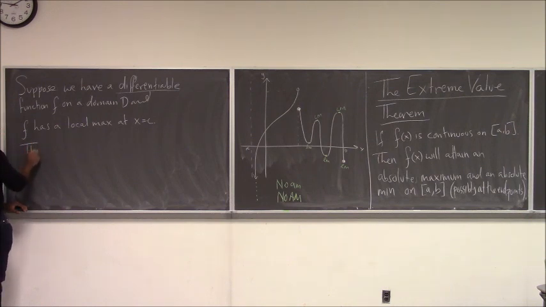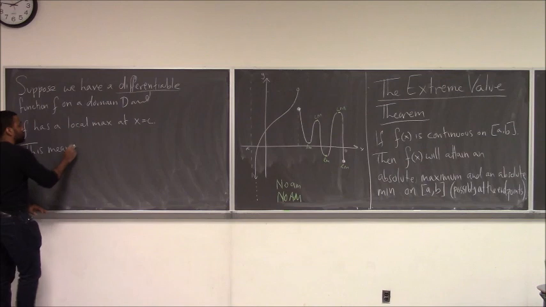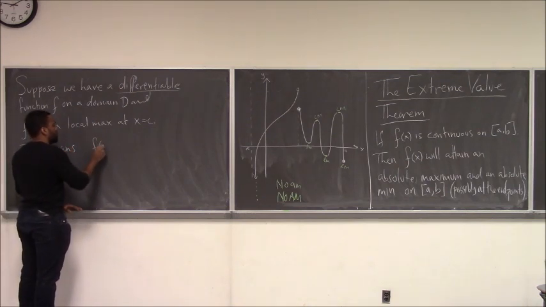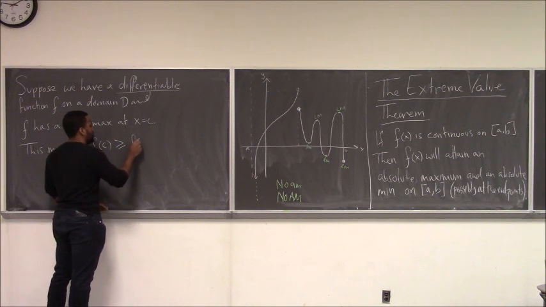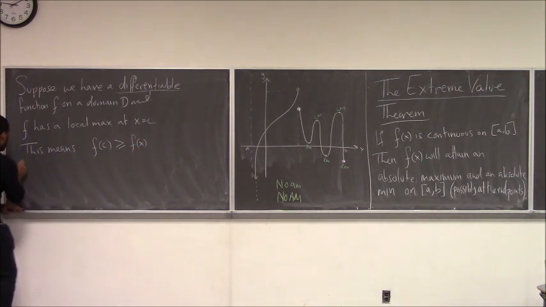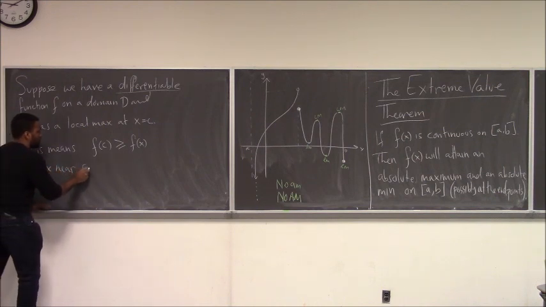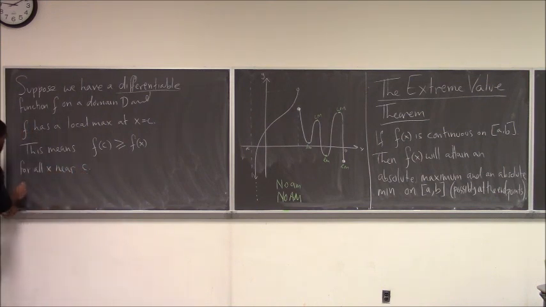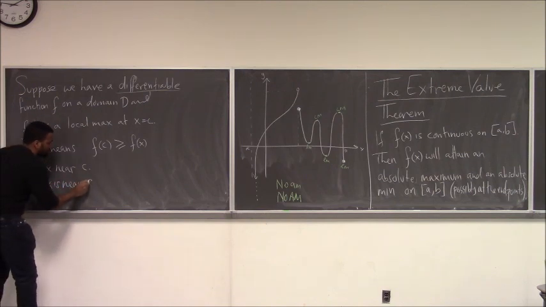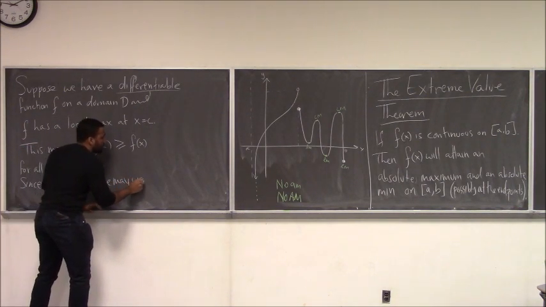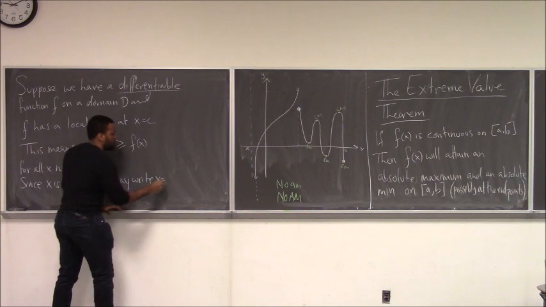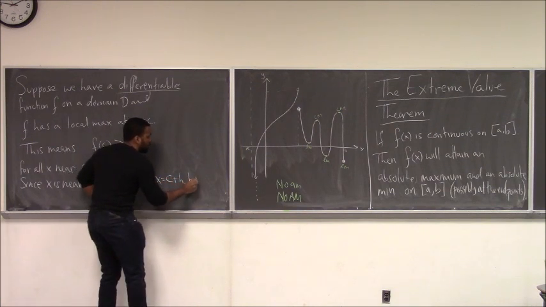So, suppose it has a local maximum. This means f(c) is going to be greater than or equal to f(x) for all x near c. Now, since x is near c, we may write x equal to c plus h, where h is small.